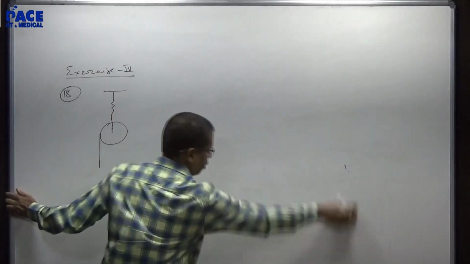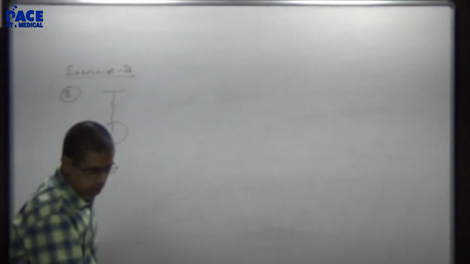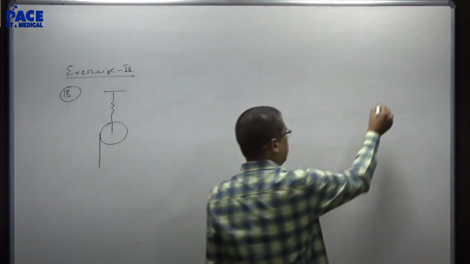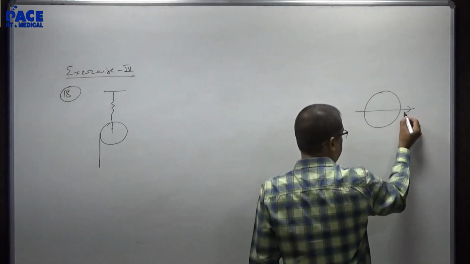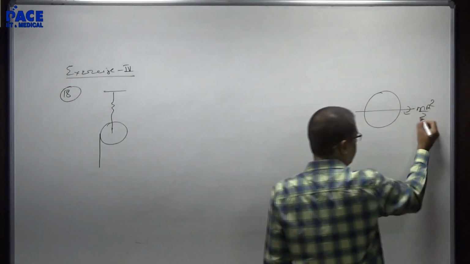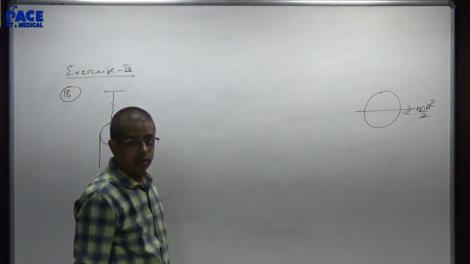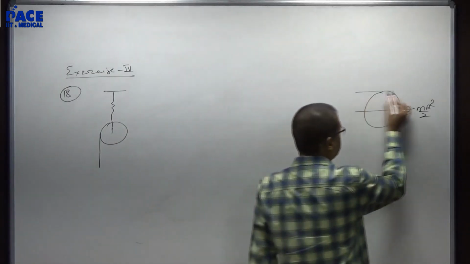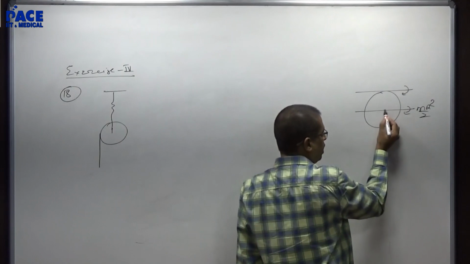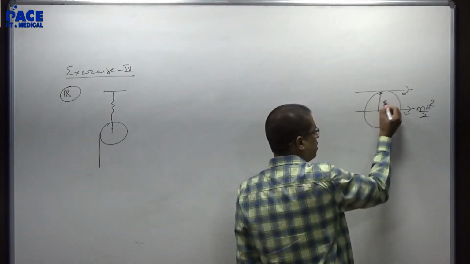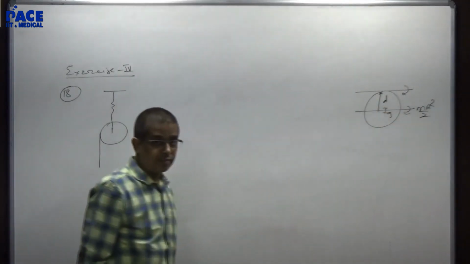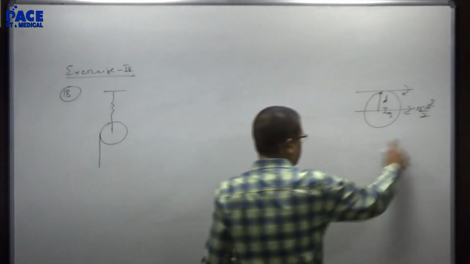Sir, can you explain why you took mr square by 2? Parallel axis theorem. In a ring, in this plane it will be mr square by 2. I want the moment of inertia about this axis, so I should take this as Ig plus md square. The ring is not oscillating this way.